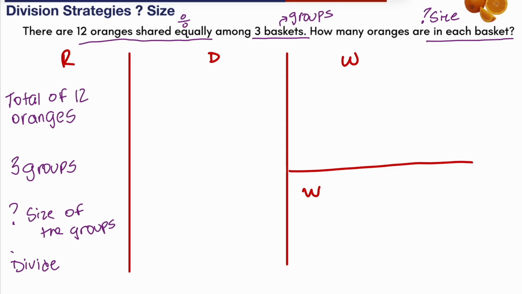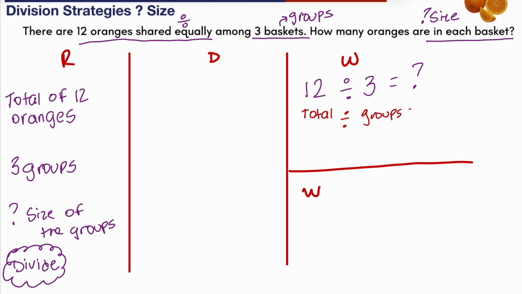This is my mental note here that I'm going to use this operation. So we can set our equation up as 12 divided by 3 groups equals our unknown. So in other terms, this will be the total divided by groups equals the size. And that's what we're looking for.